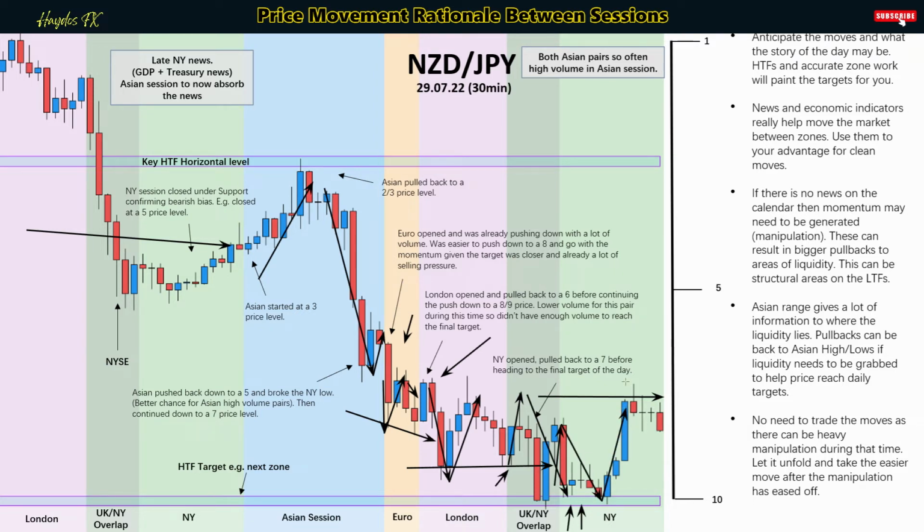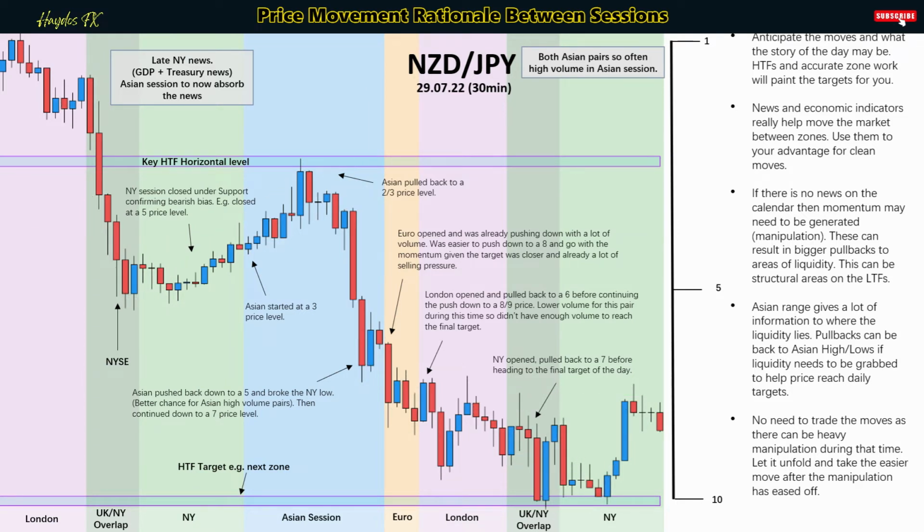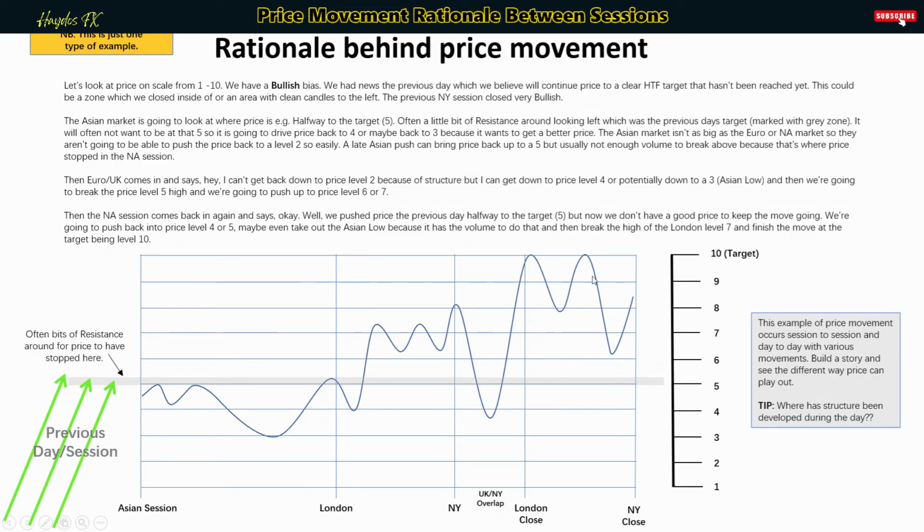We don't expect too much volatility in this session with a New Zealand yen pair, because you can see that with New Zealand and yen, most of the volatility generally will happen in the Asian session. But I think it's a good example of just watching the structure of the market play out. Now, keep in mind this chart is not always the same.